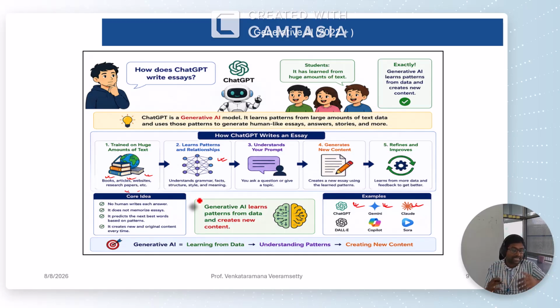Once the training is completed, if you give a prompt, like in ChatGPT, we give the prompt, write an essay about India. Then ChatGPT writes an essay about India in a few seconds, right? Like that, if you give some prompt, your model will understand and, based on its knowledge, generate the text, because I am asking for an essay.